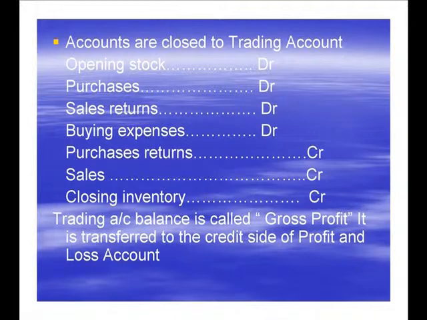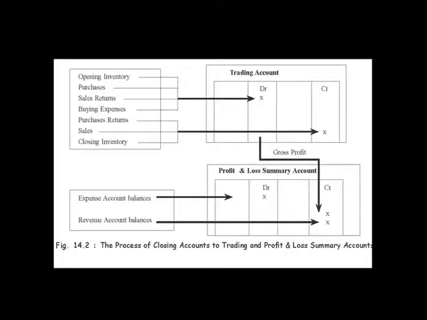And then the gross profit is transferred to the profit and loss account. So in this diagram it is shown. The arrows are there. So the arrows show the movement of various balances.